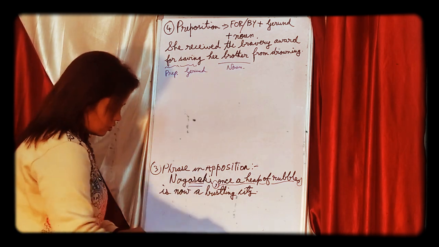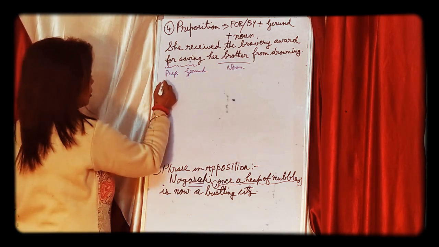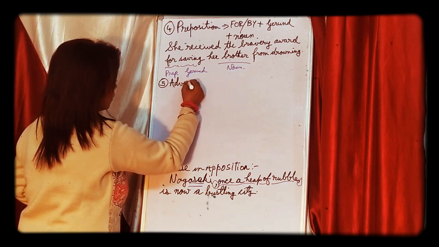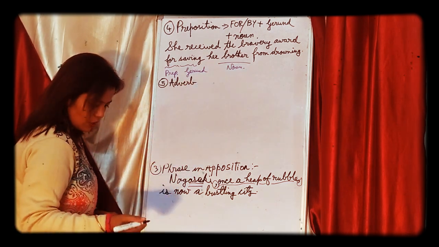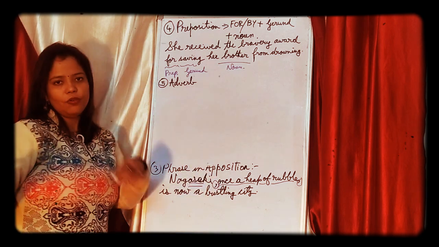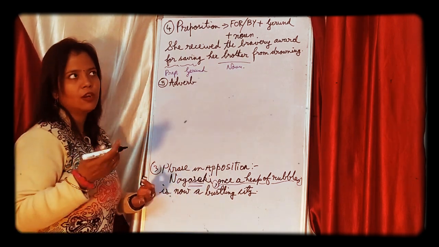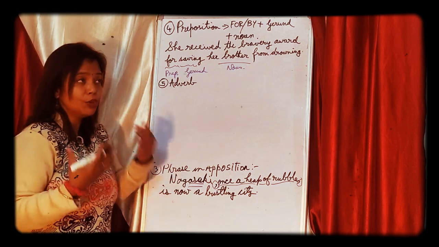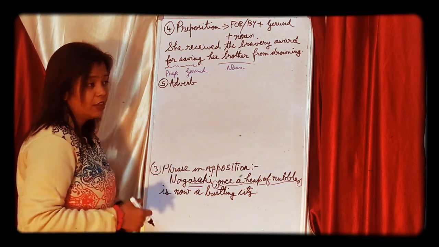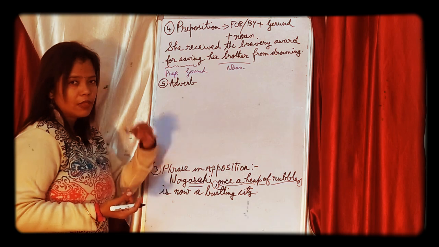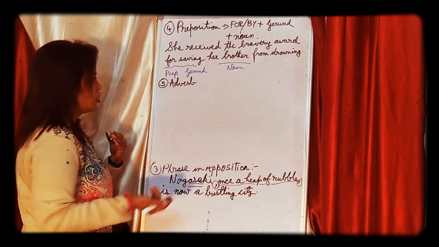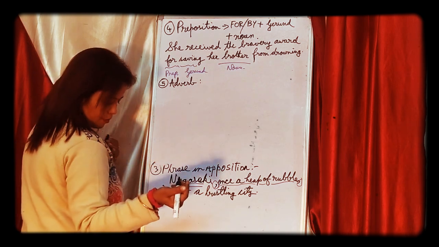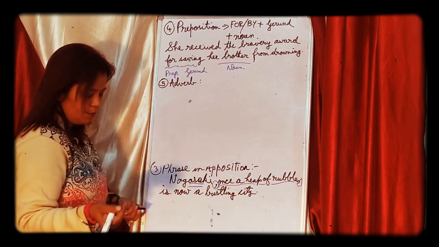Now let's look at the fifth point, that is how we can create such new sentences by using adverbs. Remember, adverbs were words like gracefully, beautifully, instantly, frequently, and then you have various such adverbs. So let's take an example.